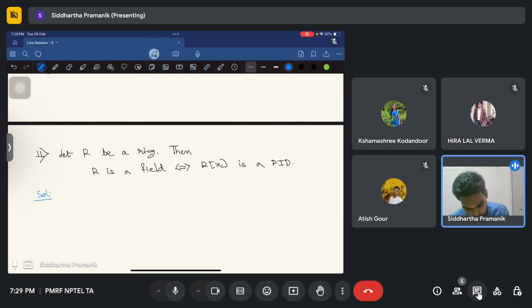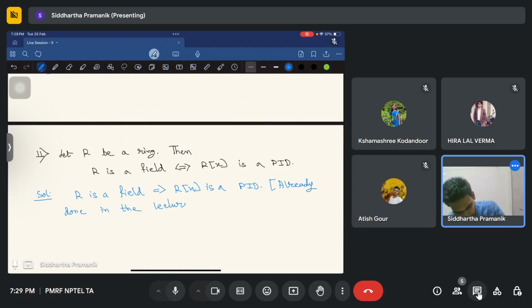One side you have already proved in the lectures: R is a field implies R[x] is a PID, already done in the lectures. So I just need to prove the converse part.